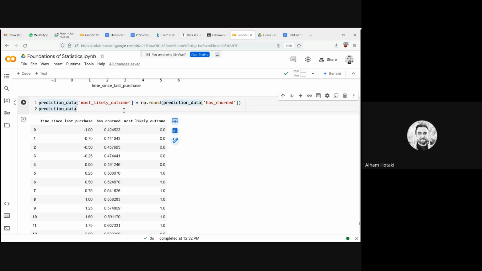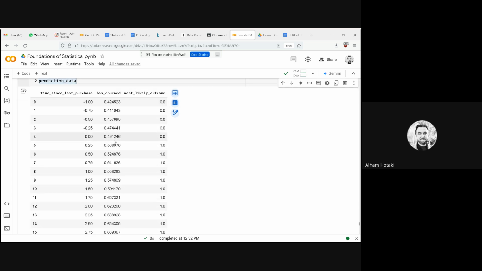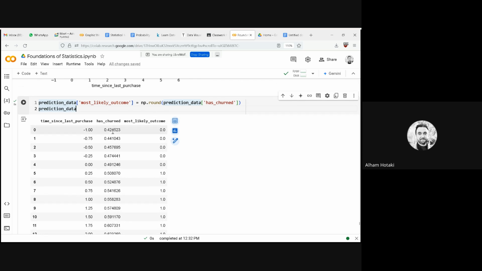So we just examined the churn data, and this churn is just a binary problem. 0 is not churned, and 1 is churned. So this is how the model predicted the values, and these are the likelihood of churning.